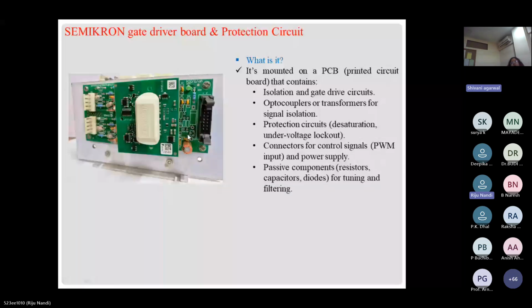There is a connector for control signals, the PWM, and power supply. You can see the pins. After supplying the gate driver board, it generates the PWM, and protection is also there.